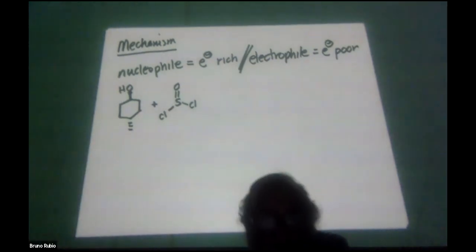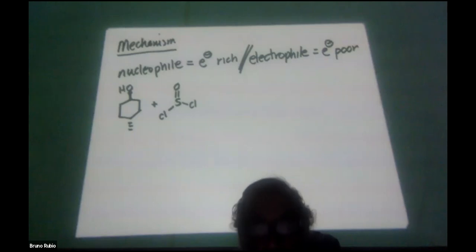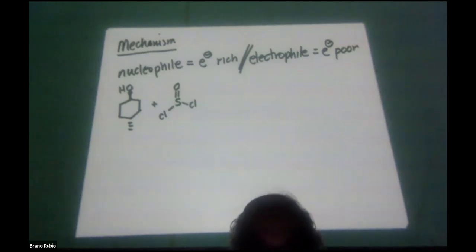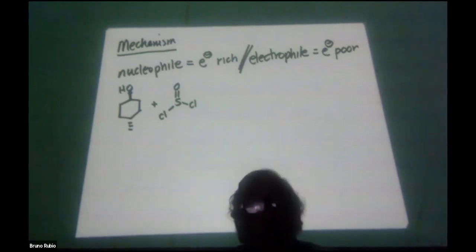Okay, so now tell me in the chat, who is the nucleophile here and who is the electrophile? The electrophile is easier to spot. Most of these reactions involve nucleophiles, that's stuff that's electron rich, and electrophiles, that's stuff that is electron poor.